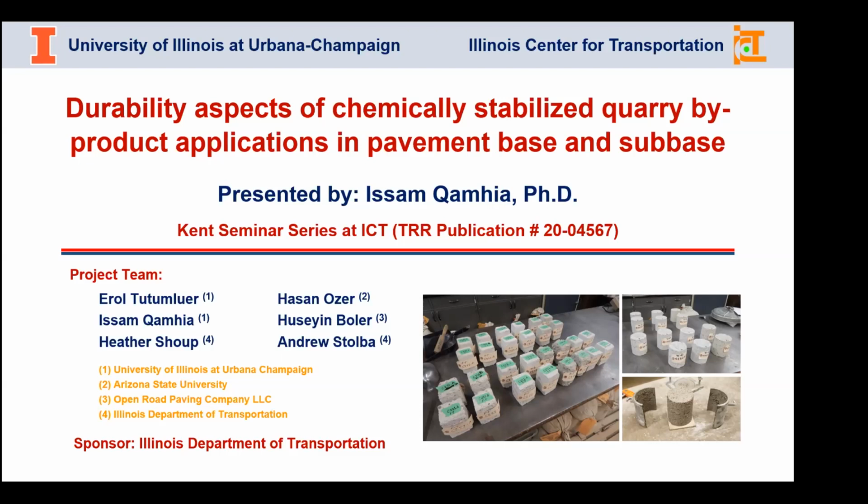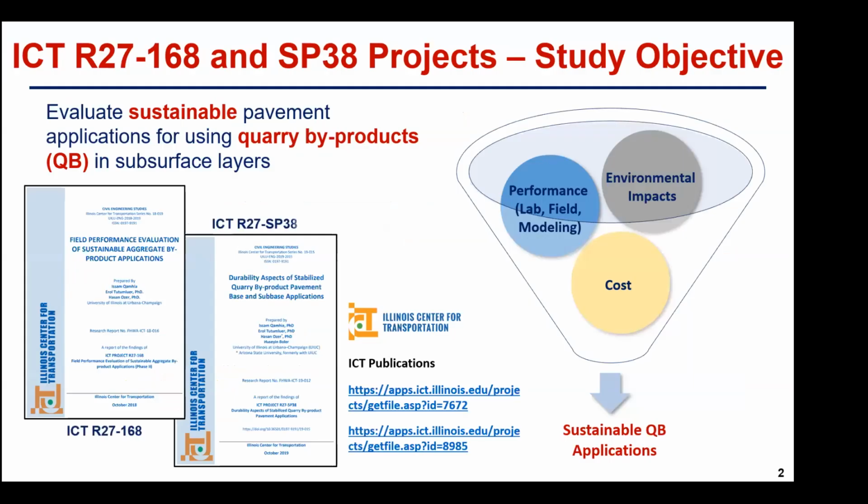So what I will cover in this presentation is based on a recent report, ICT R27-SP38. That's a special project to study the durability aspects of quarry byproducts, which is based on a previous bigger study that we did for the accelerated pavement testing of many sections of quarry byproducts investigated in the field, the ICT R27-168.